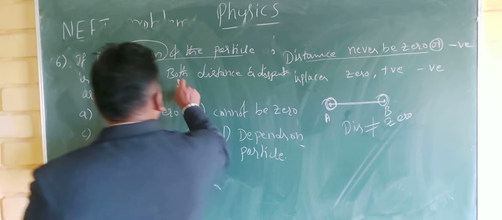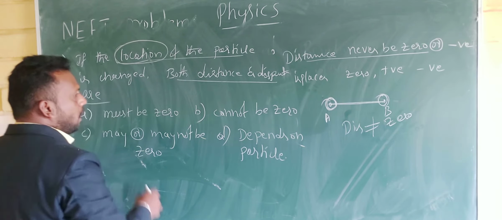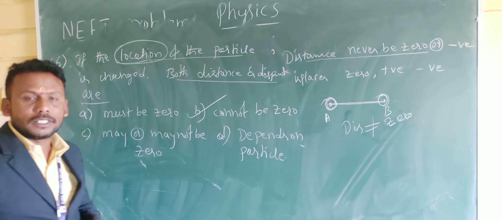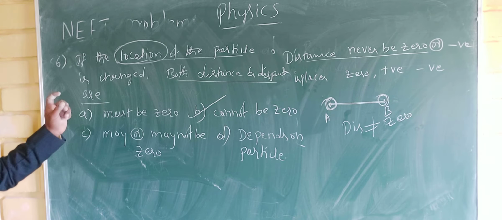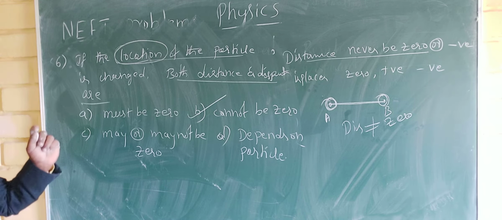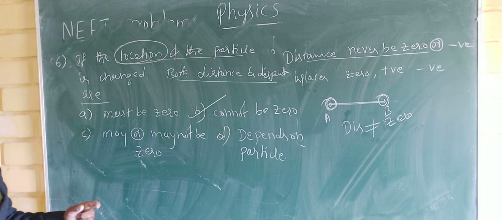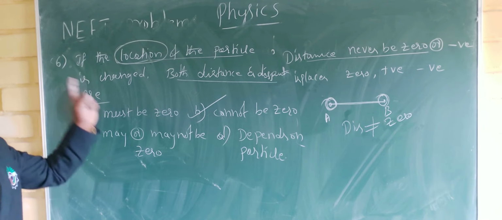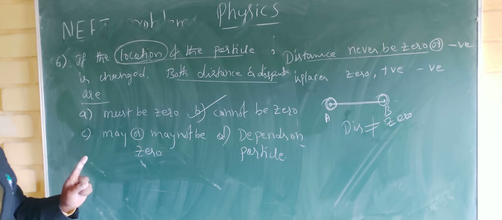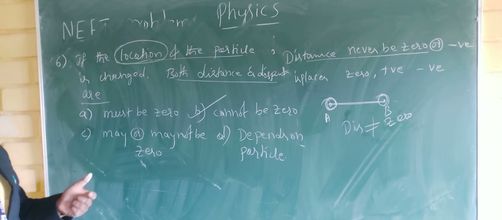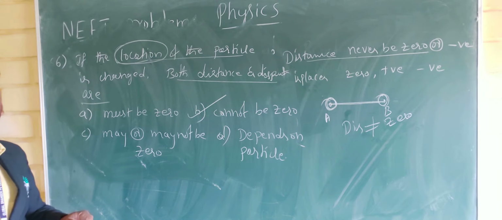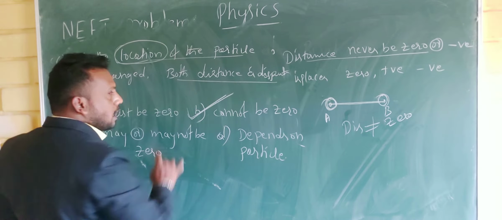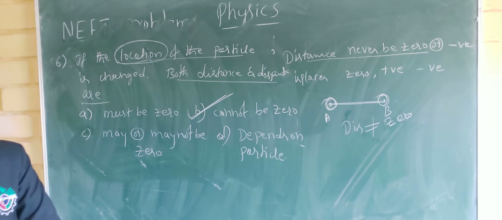Therefore, both distance and displacement cannot be zero, because if the particle changes position, it has some distance and also displacement. Initial and final positions are different, so displacement also cannot be zero. Option B is the correct answer.